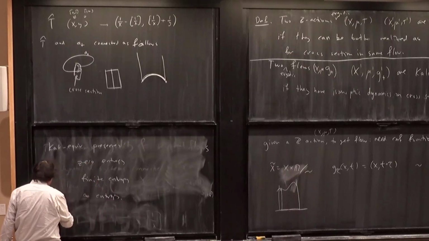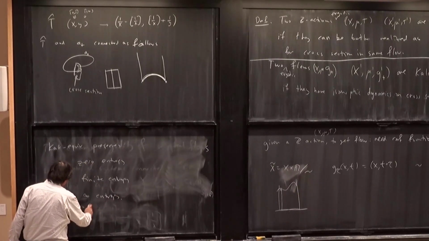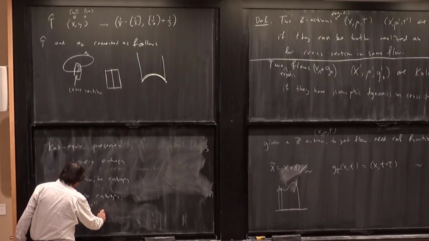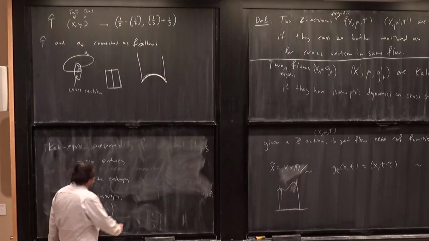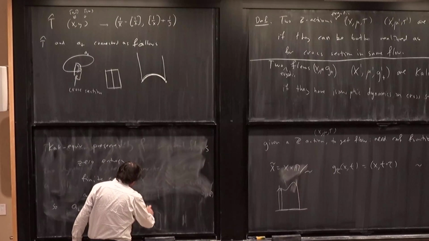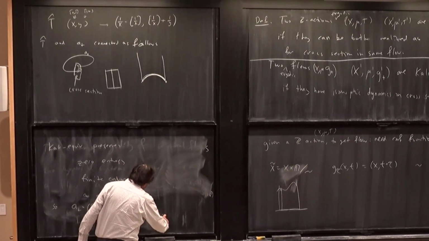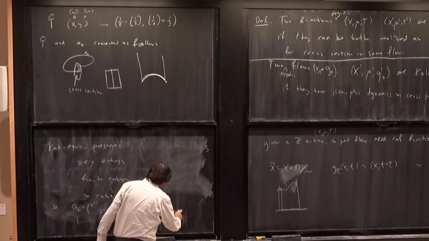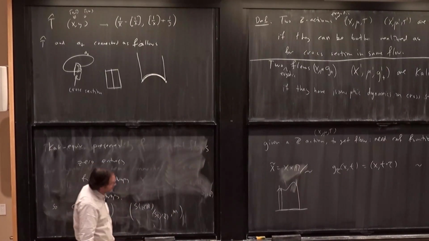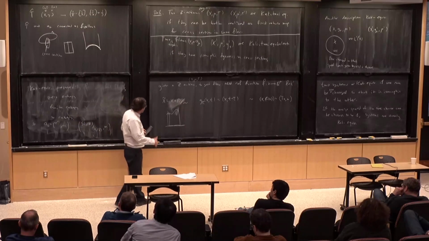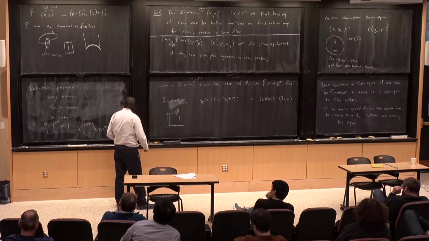So maybe the flow that this group gives on SL2R modulo SL2Z and the natural uniform Haar measure on the space, that would turn out to have entropy 1 in my normalization.